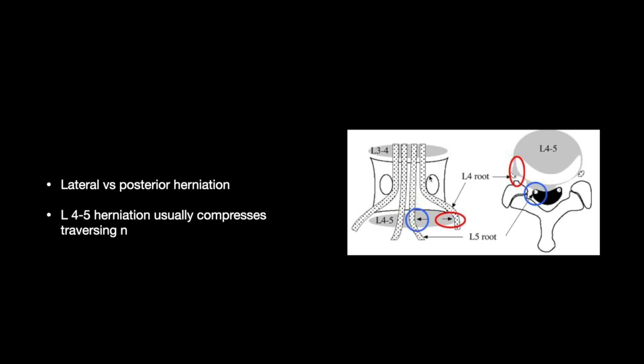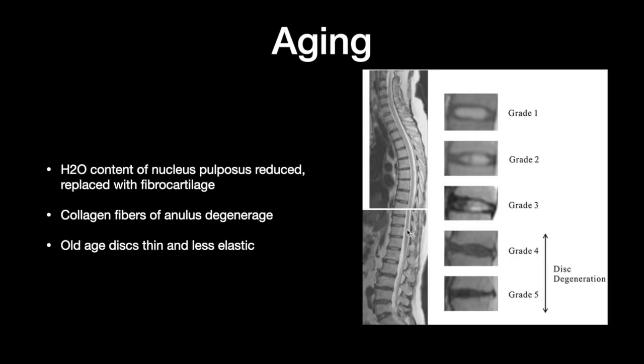If the L4 to 5 disc herniates posterolaterally, it's going to compress the L4 nerve, the nerve above. If it herniates posteromedially, it's going to compress the L5 nerve. If this was C4, it would herniate and compress C5. But there are two ways that it can herniate in the lumbar region. I hope that made sense.